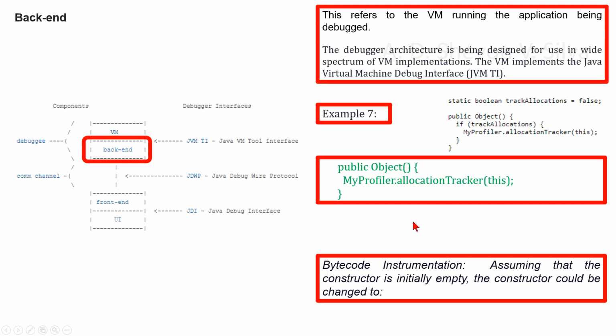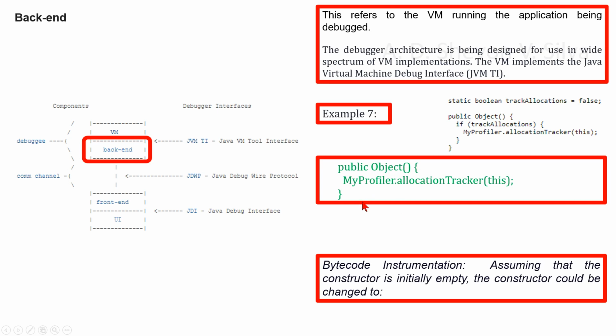Care must be taken to avoid perturbing dependencies, especially when instrumenting core classes. For example, an approach to getting notification of every object allocation is to instrument the constructor of Object. Assuming that the constructor is initially empty, the constructor could be changed to this.